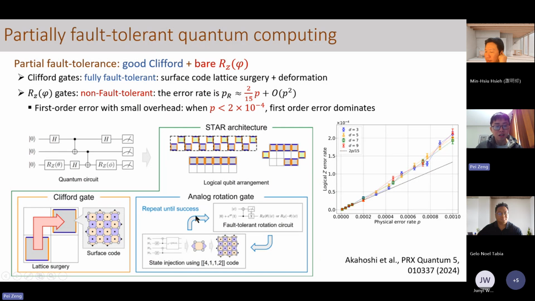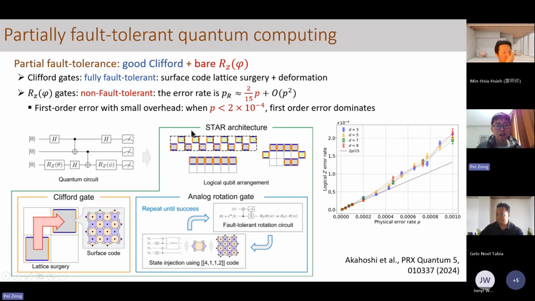In this case, they have shown that based on this hybrid partial fault-tolerant architecture, you can achieve reliable quantum computing with several million Clifford gates and several 10,000 arbitrary rotation gates.